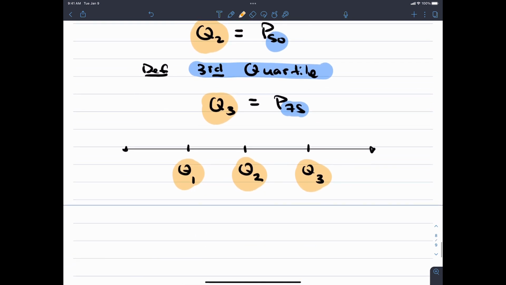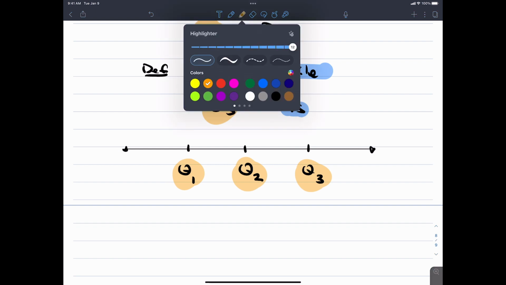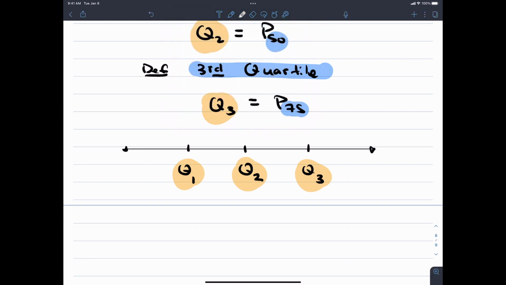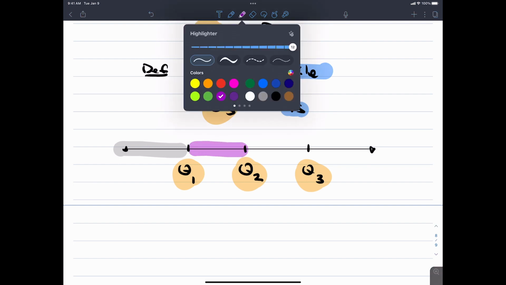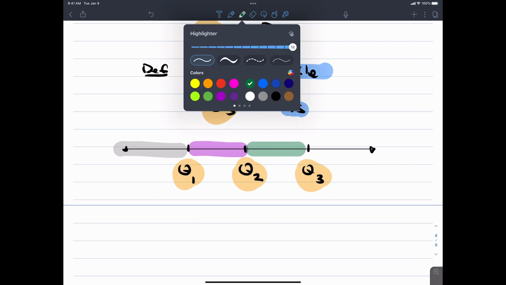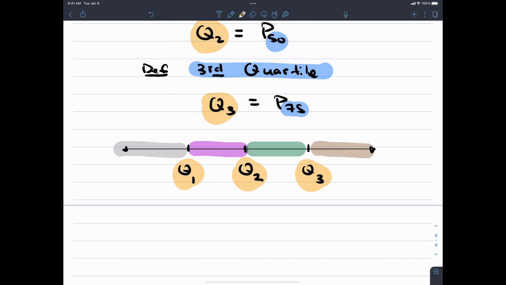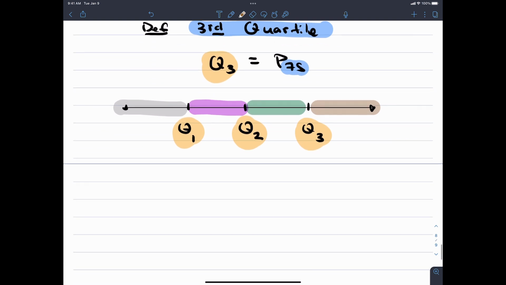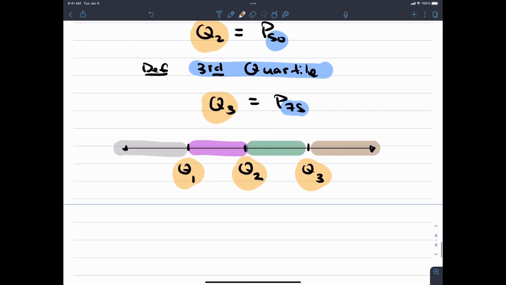This is how you partition data. There's how many groups here? You may not believe it, but there's 1. What else? 2. What else? 3. What else? 4 groups. So 3 numbers gives you 4 groups.